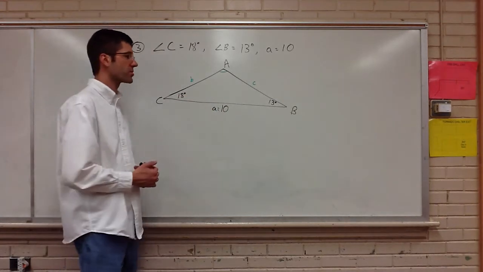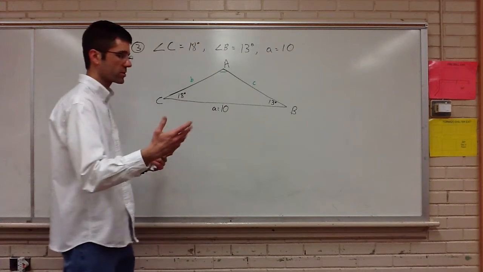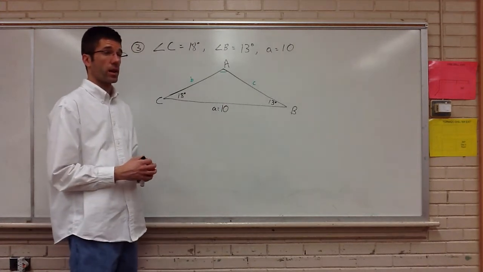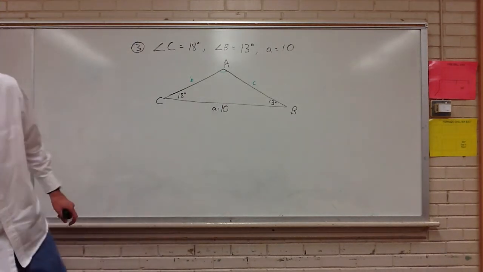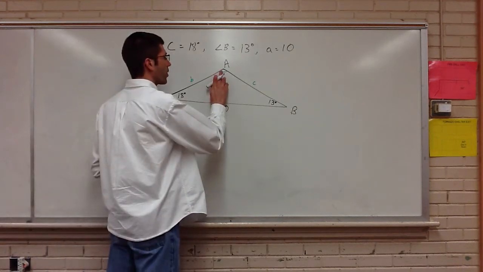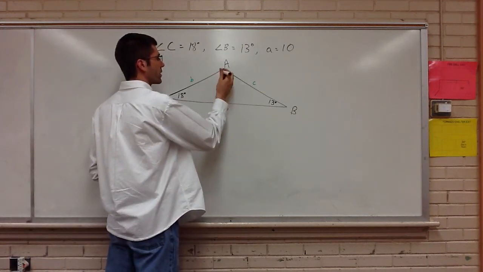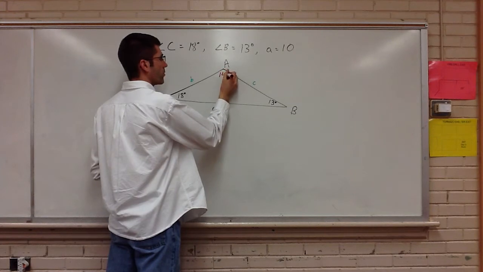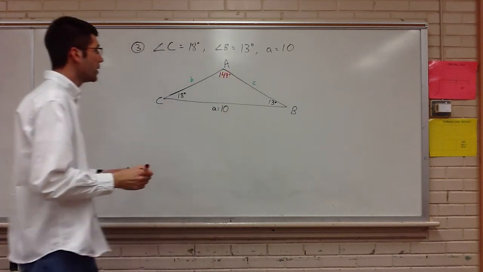We've already established that, so 180 minus both of these together, which is 31, is going to give us 149. So we automatically have found the third angle. It required very little effort, 149 degrees right there.